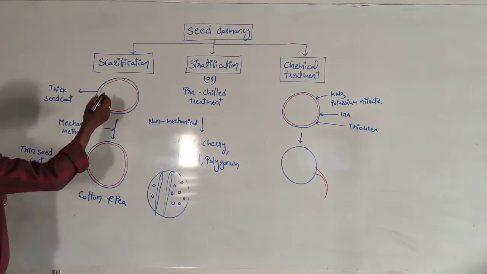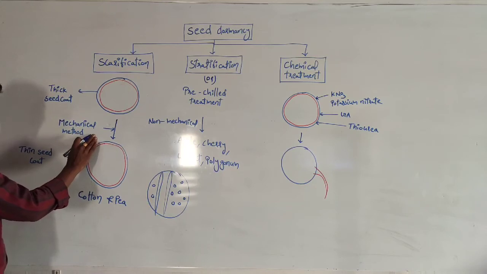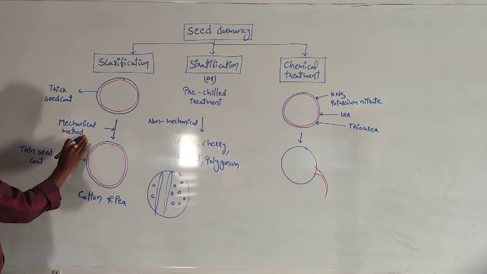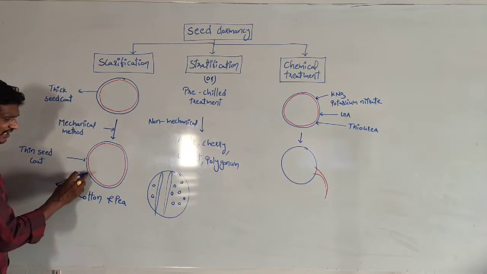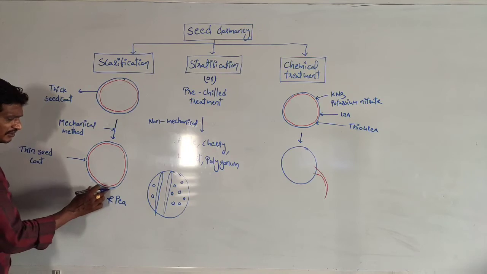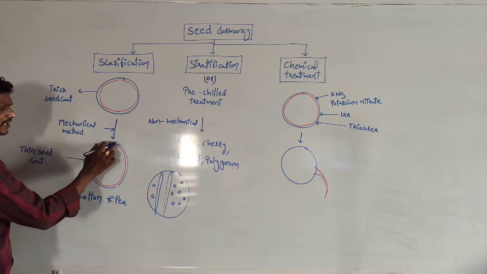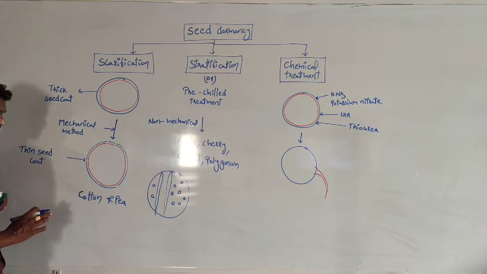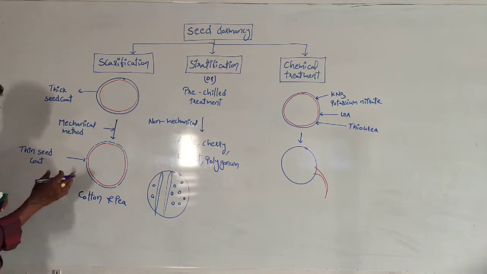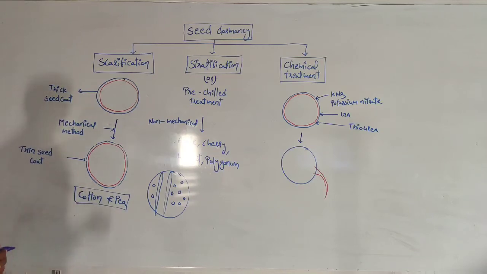Then water molecules easily enter, and once the water molecules have entered, the seeds germinate. So the simple one is scarification.